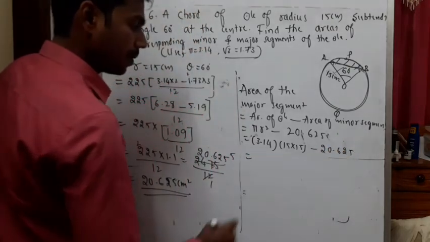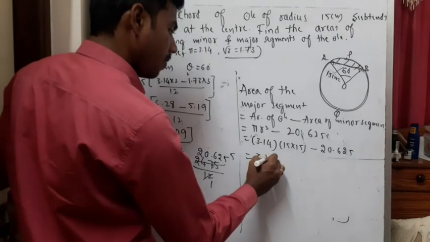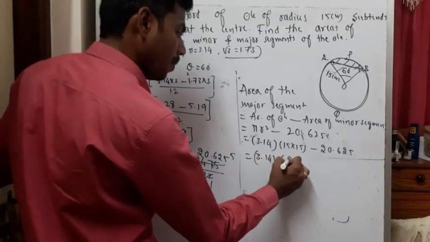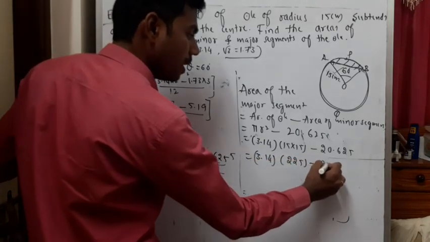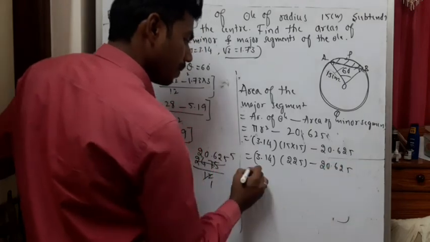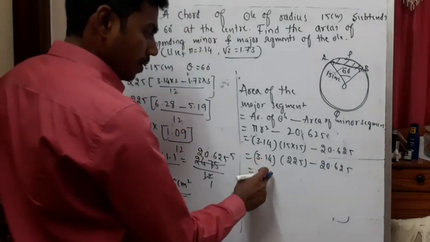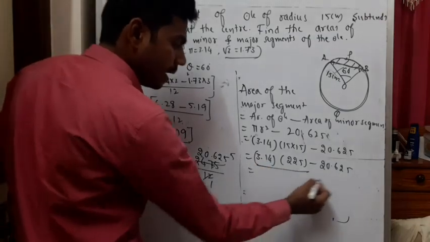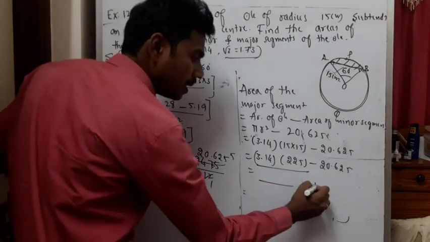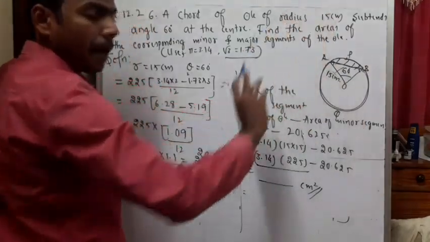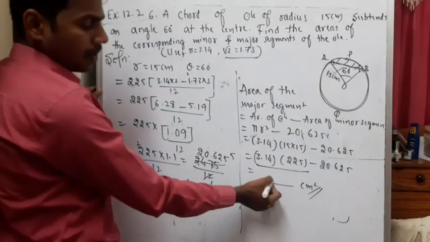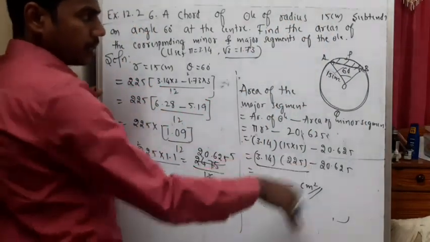So 3.14 into 225 minus 20.625. Okay, now calculate this, take the difference. This centimeter square will be the area of the major segment. So this will be your homework. Please note this down.